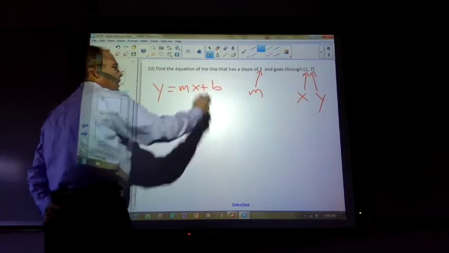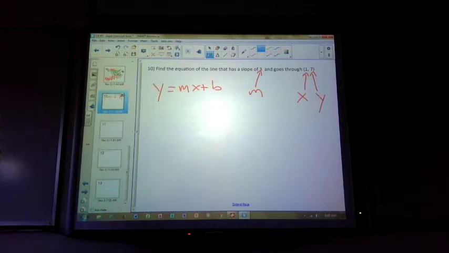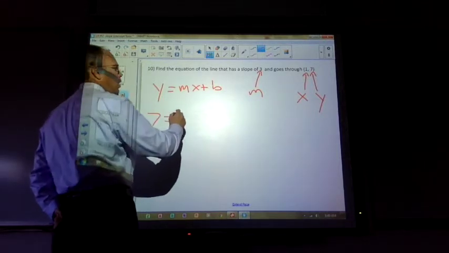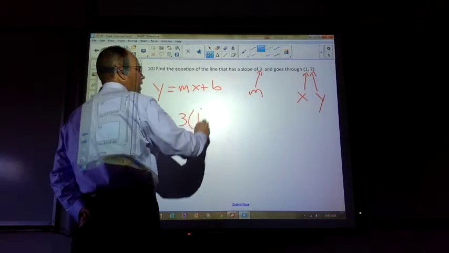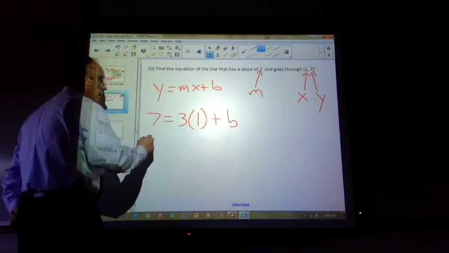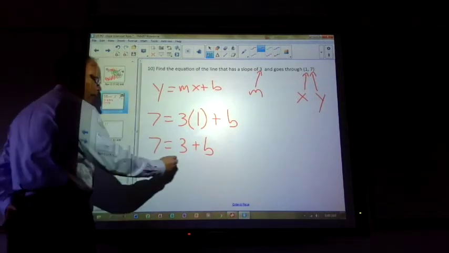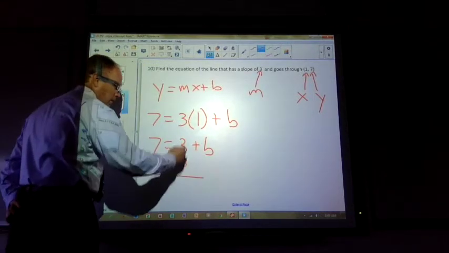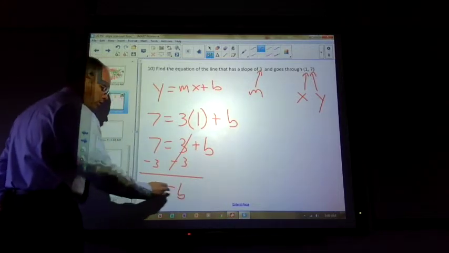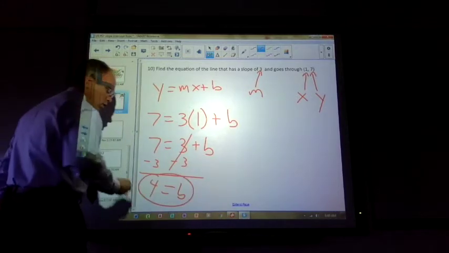If I plug everything in, what letter am I solving for? B. So 7 equals 3 times 1 plus b. What's 3 times 1? How do I solve for b? Subtract 3. Cancel. b equals 4.